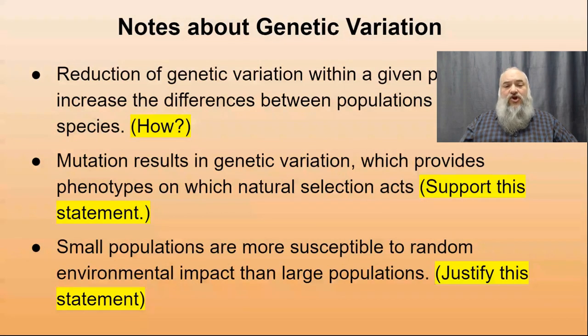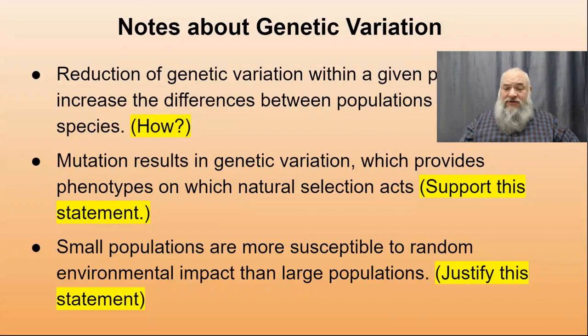Yeah, the only way to get new alleles is through mutation. And without mutation, natural selection doesn't have anything to work with. If everybody's exactly the same, there's no advantage to one or the other, and who lives and dies is just random chance. So you need both.